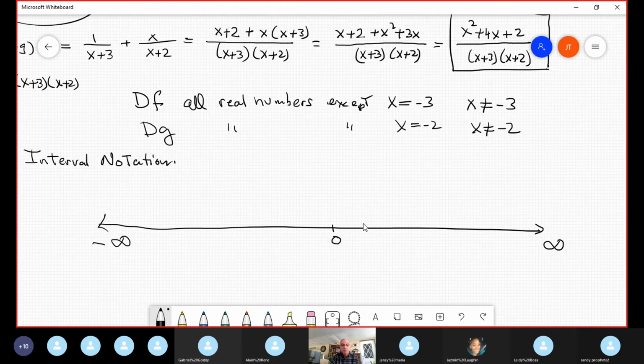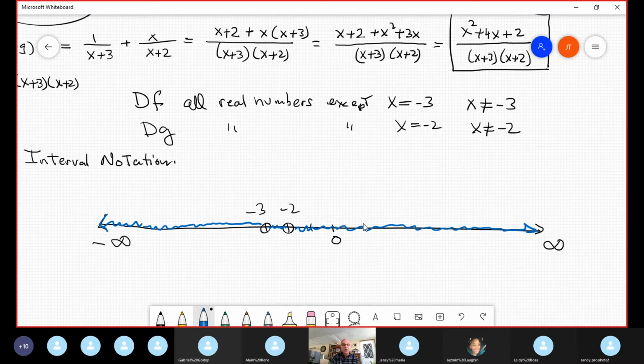We have a hole at -2 and at -3. And the rest is okay. So what is okay? From -infinity to -3, from -3 to -2, from -2 to positive infinity.